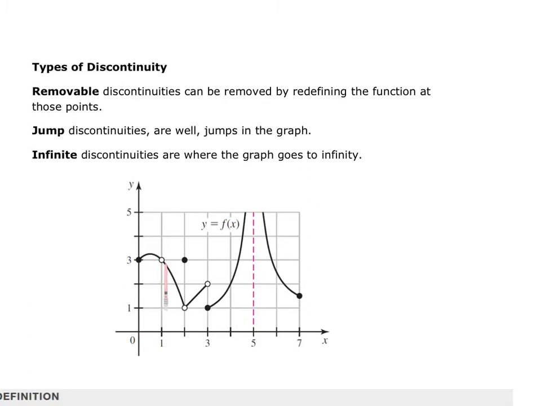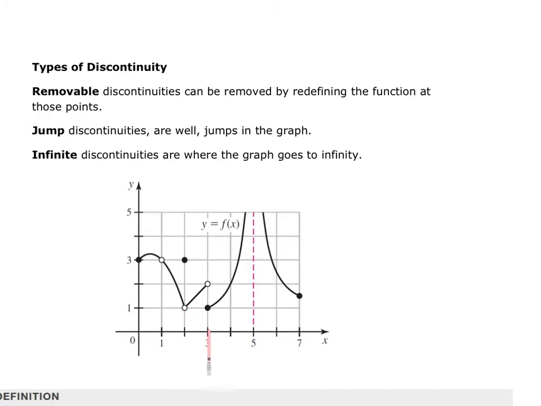The limit exists at 1, but it's discontinuous because f of 1 does not exist. If we take a look at x equals 2 here, this is still what we call a removable discontinuity. The limit exists, and f of a, or f of 2 in this case, exists, but these are not the same, so it's discontinuous, and it's removable because it has a hole.